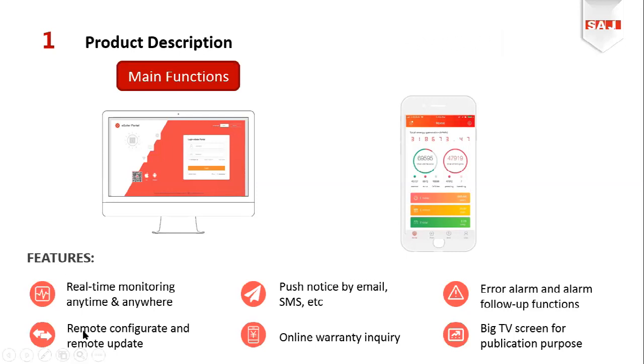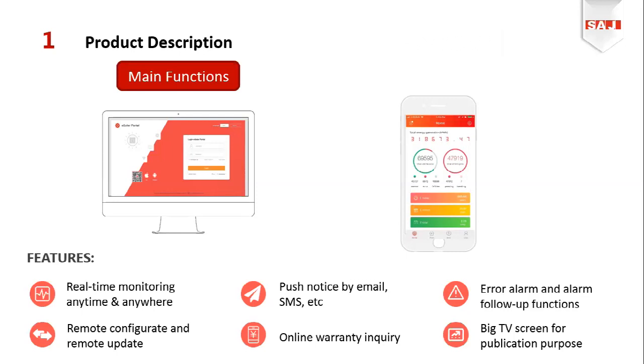Also here we have the remote configuration and remote update. Actually, the distributor account and the installer account have the function of remote configuration for the basic parameters and the protection values like voltage and frequency, and also the maximum output power.